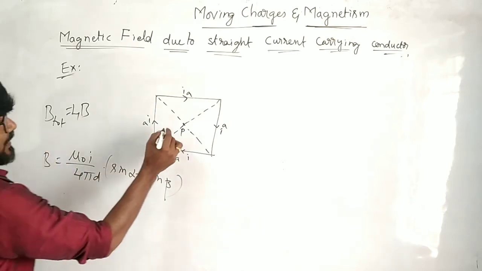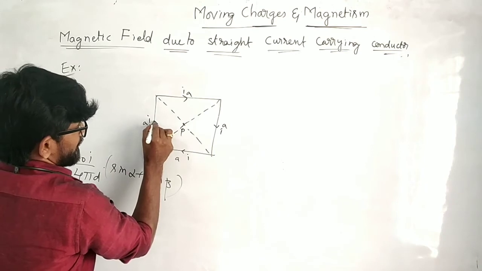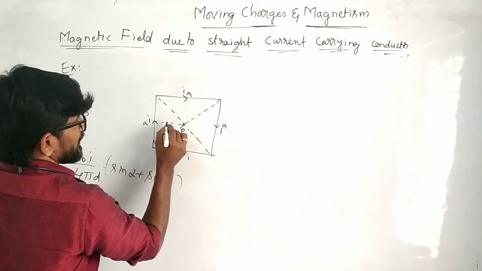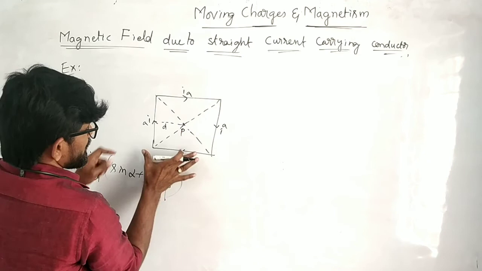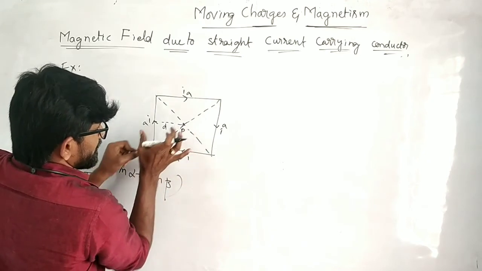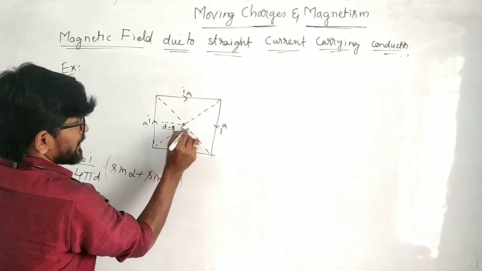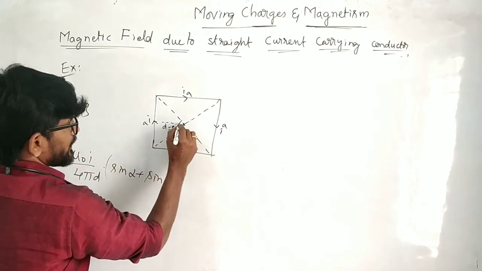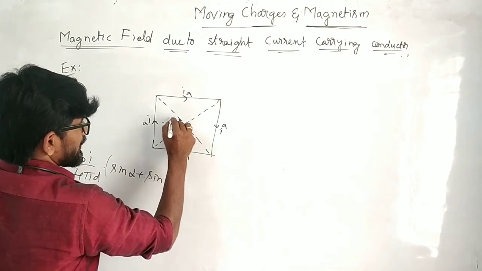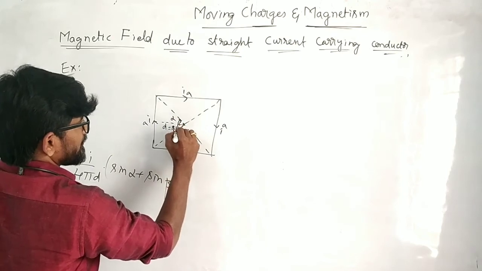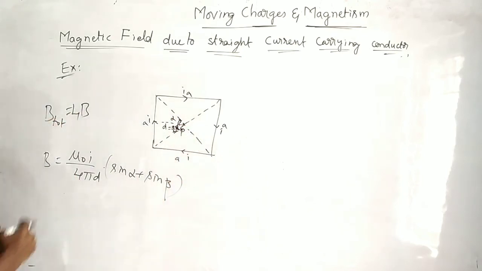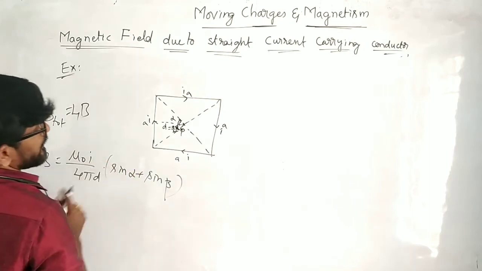To understand this, let us draw a perpendicular line from here. If this is D, this is A, and the point of intersection lies at the midpoint, so D is equal to A by 2. Is that clear? From the perpendicular line, this angle is alpha and this angle is beta.